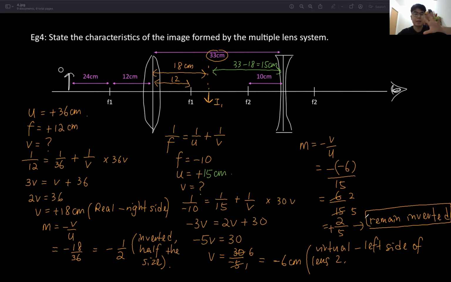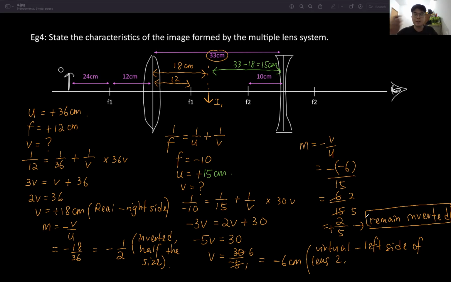But in the previous examples, we did not mention this, right? Because in all the examples, the objects are all upright. But sometimes you have an inverted object, especially in a multiple lens system or in a telescope or microscope.